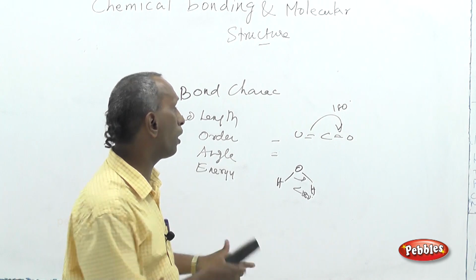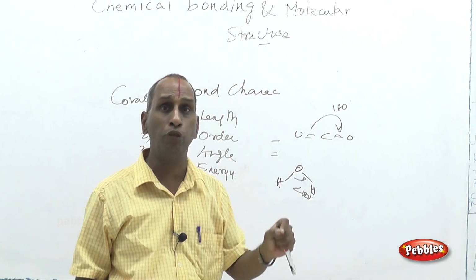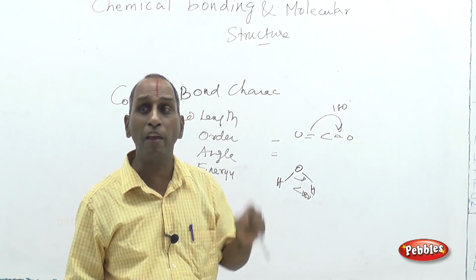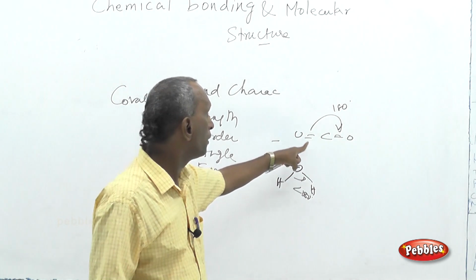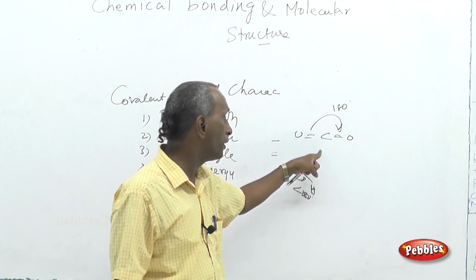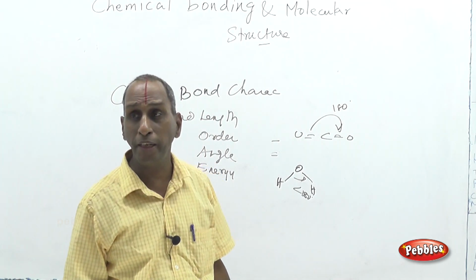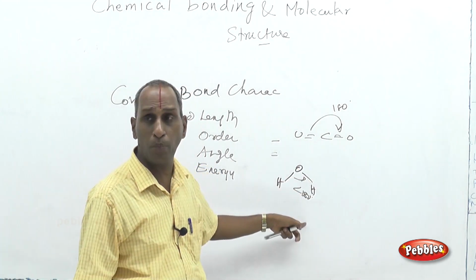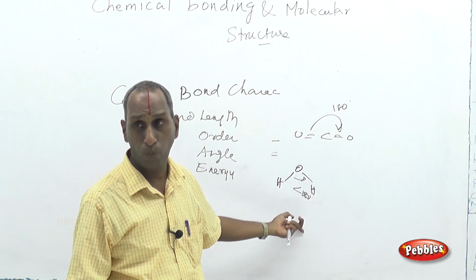Similarly, what is the significance of bond order? Bond order is 1 for hydrogen, 2 for oxygen, and 3 for nitrogen. We will see these in detail. Then bond angle: both are carbon-oxygen bonds, and here they are held together at an angle of 180 degrees. In water, the angle between the two oxygen-hydrogen bonds is less than 180 degrees.